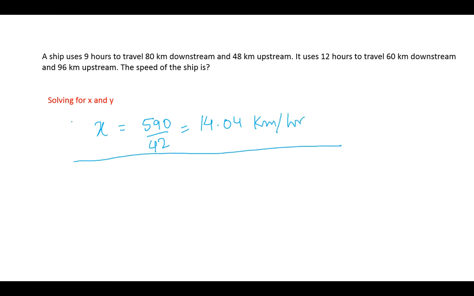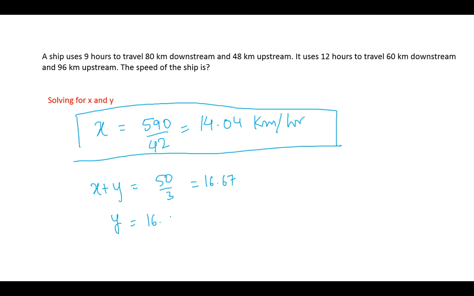This is the speed of the ship that we have been looking for from the starting. We can also calculate the value of y, right? We had x plus y as 50 by 3, which is nothing but 16.67. So y becomes equal to 16.67 minus 14.04, which comes out to be around 2.63 kilometers per hour.